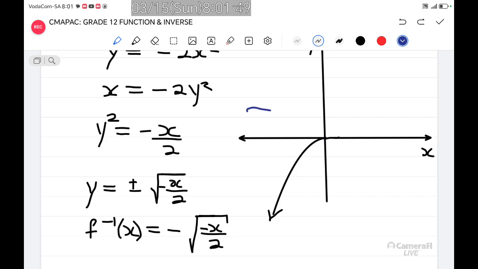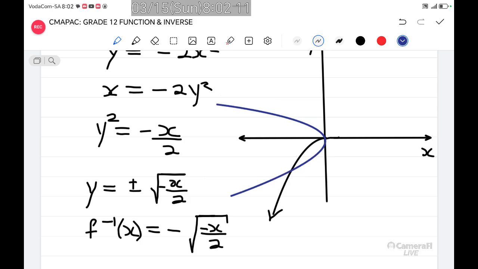But suppose there was no restriction, it should be looking like this. It's not fair enough. Let me draw the perfect one. Fair enough.